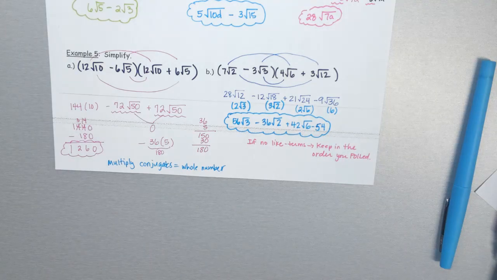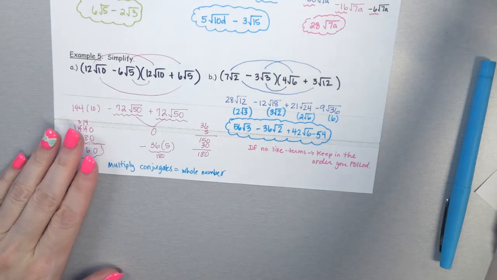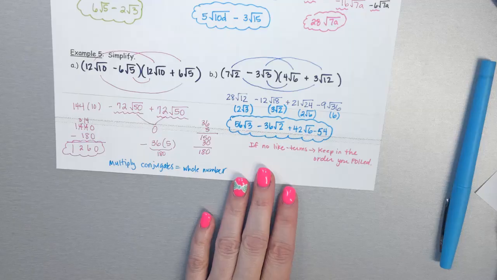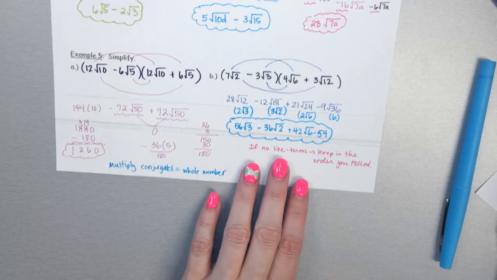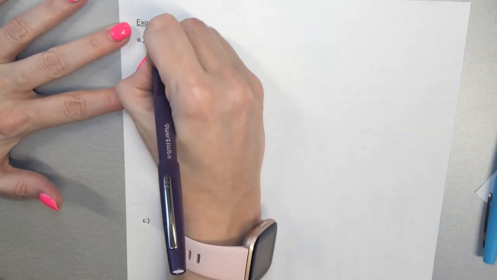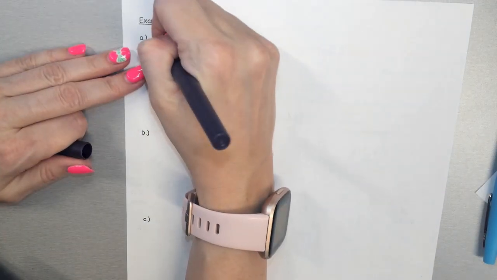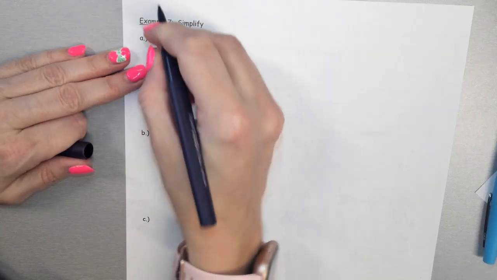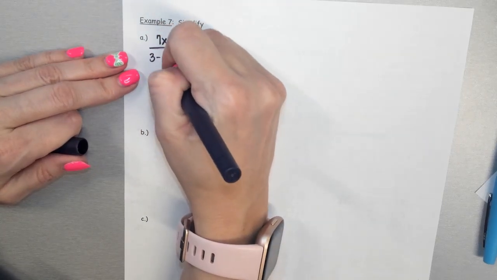All right, and then the last thing we're going to do today is multiply by the conjugate so that we can rationalize the denominator. Okay, so when we are simplifying, for the first one we have 7x over 3 minus root 2.